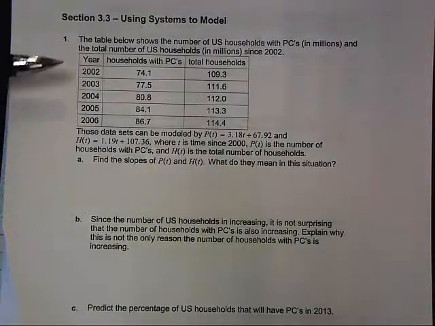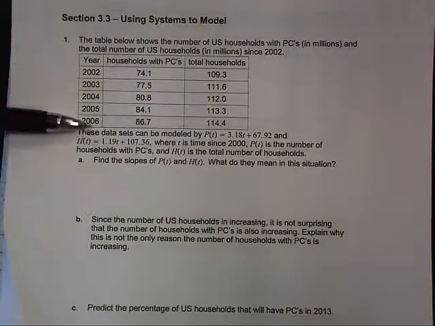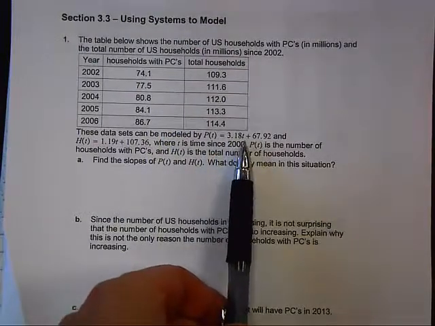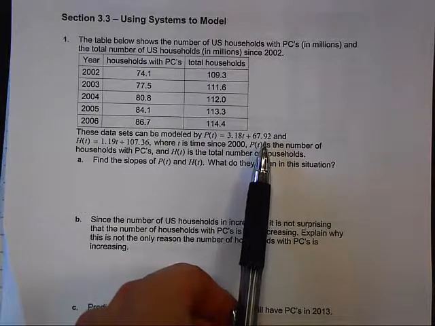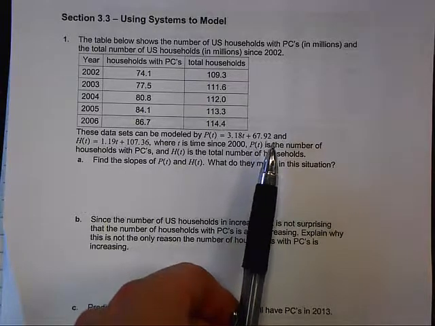Okay, so we had a bunch of data with years and numbers. If I give you a bunch of data with years and numbers, how do you come up with, for example, this P of t equation? We have the points for a graph right there.